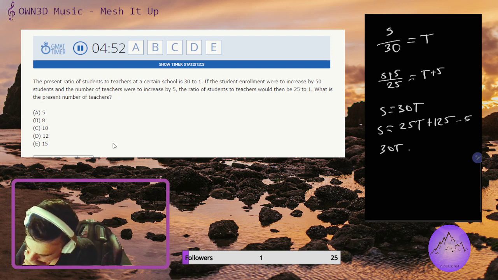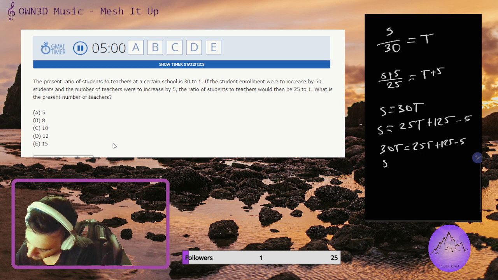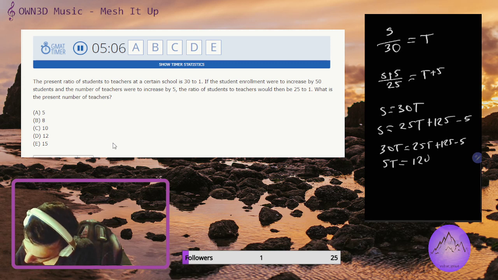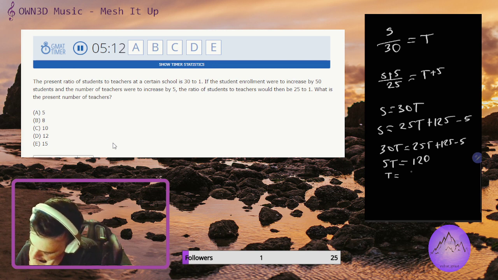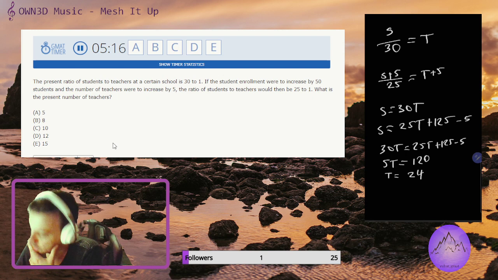So 30t equals 25t plus 125 minus 5. 5t equals 120. T equals 120 divided by 5, which is 24.